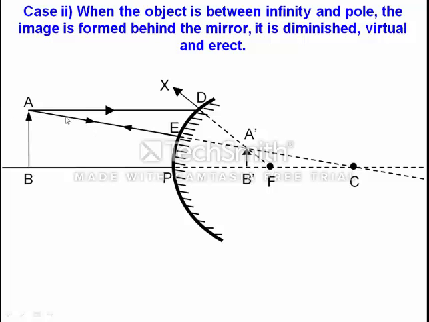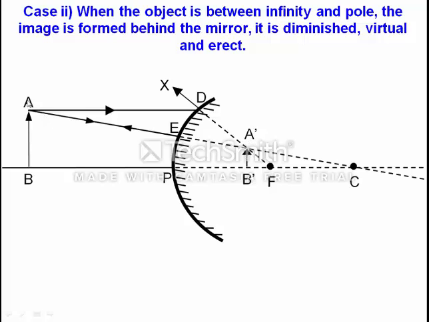The other rule is that any ray which seems to pass through the center of curvature, after reflection will bend in the same direction. In actual they never meet each other, but when we proceed backward, they meet at a point, and this point is the formation of image. So this will be A dash and this will be B dash.